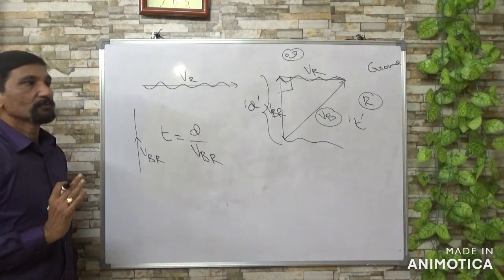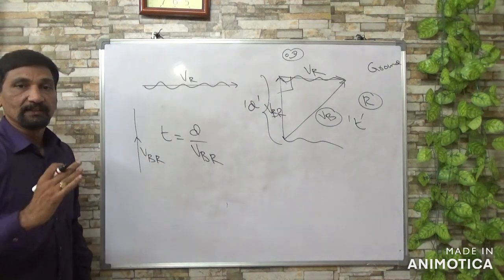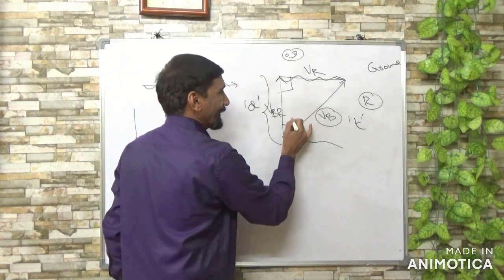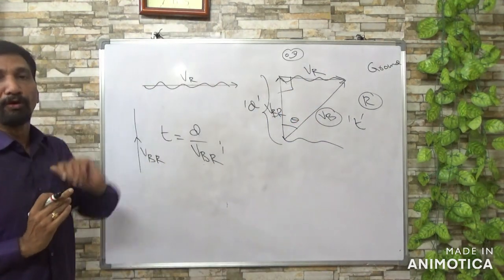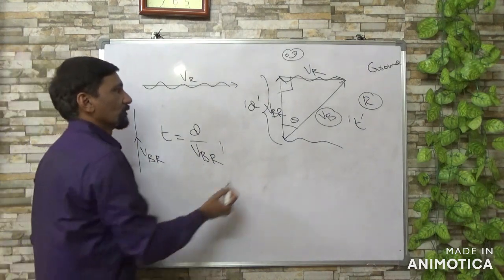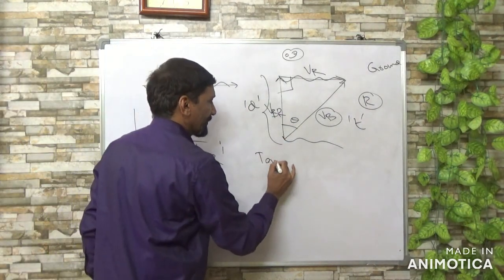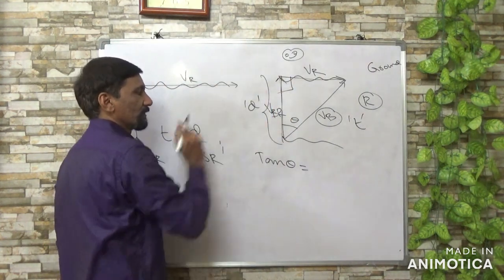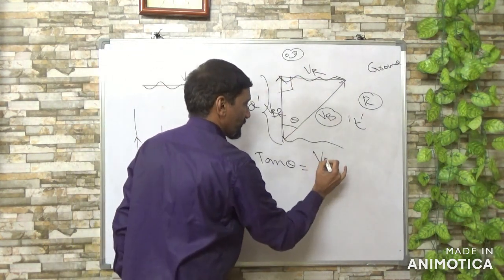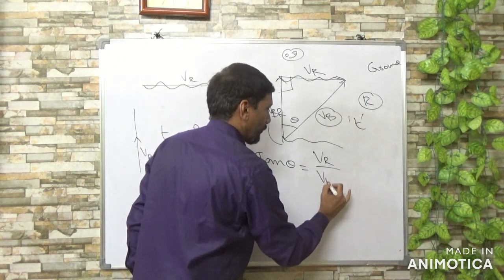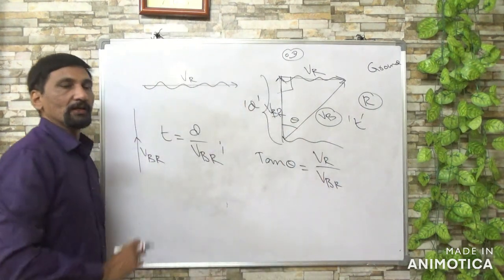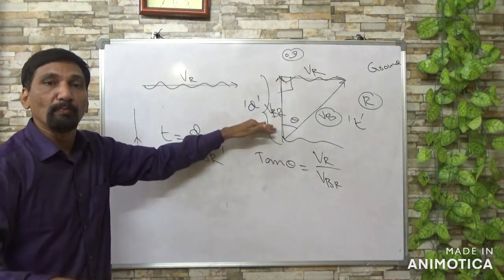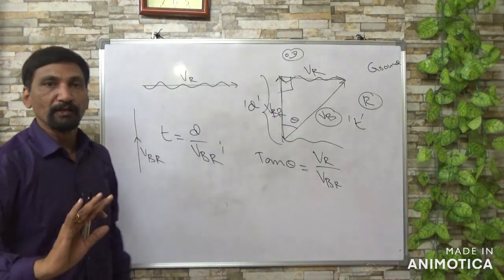Okay. Now they may ask you to find the resultant angle with respect to normal. So from here, tan theta with respect to normal is velocity of river by velocity of boatman with reference to river.